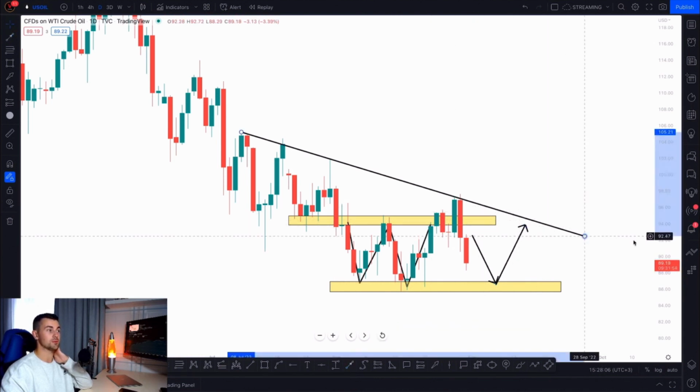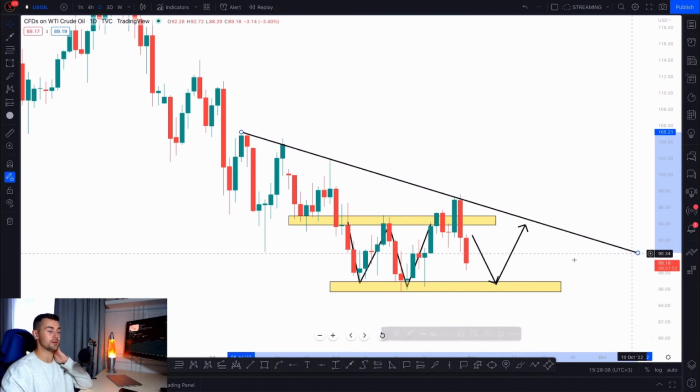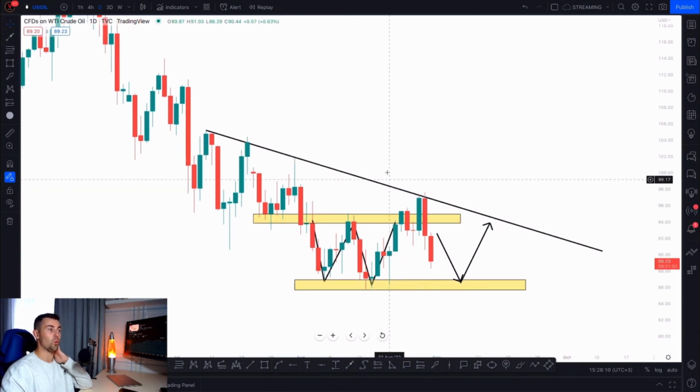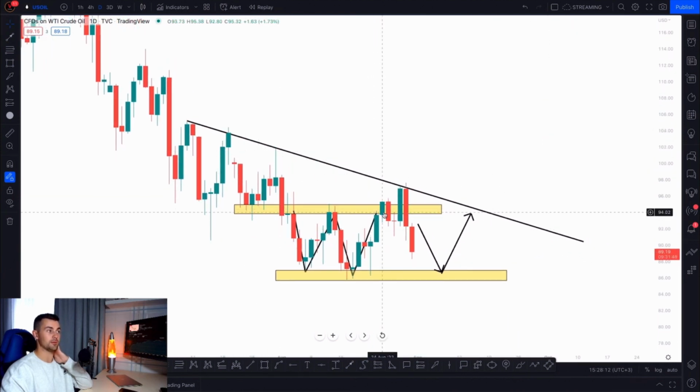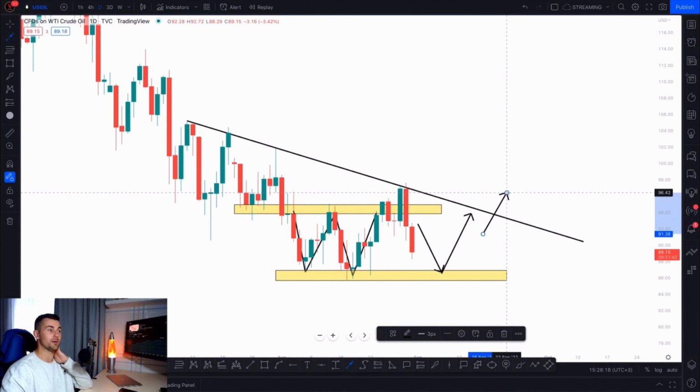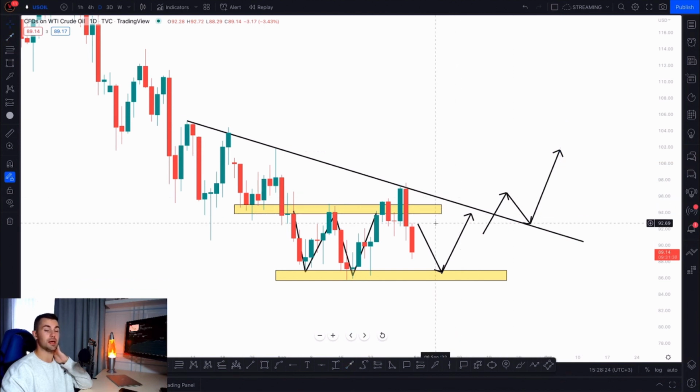You can see how strong that trend line is. And of course, while the price respects that, oil remains very bearish to us. Only when the price violates that trend line to the upside, we will expect a bullish continuation, and bullish reversal for us will be confirmed.